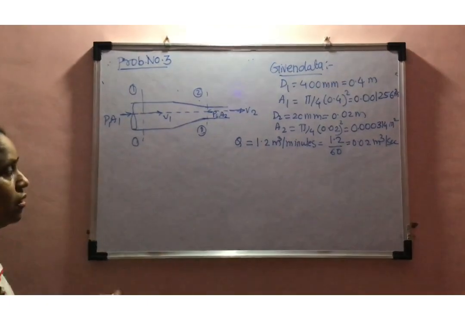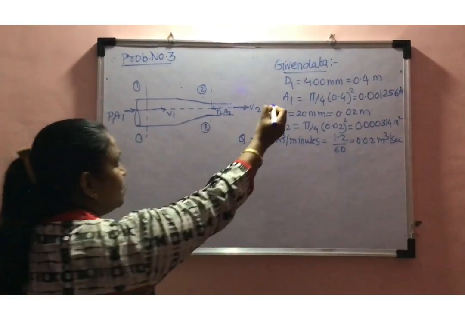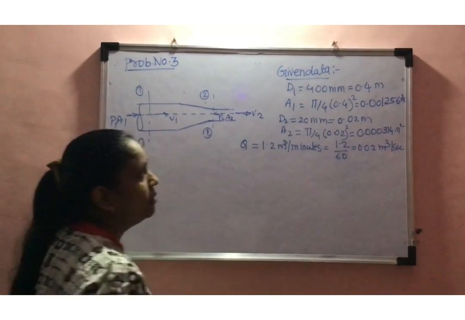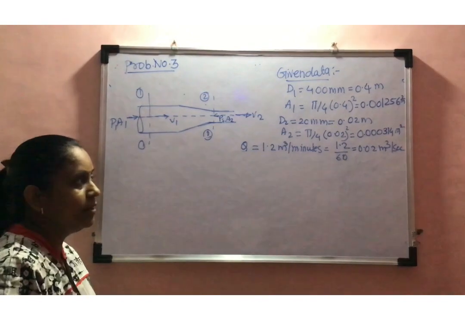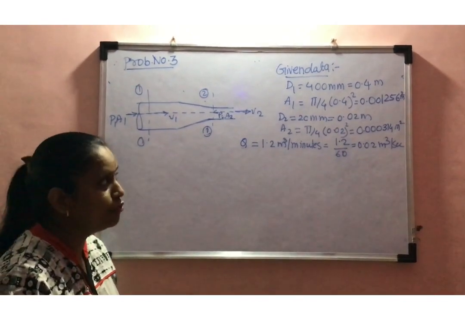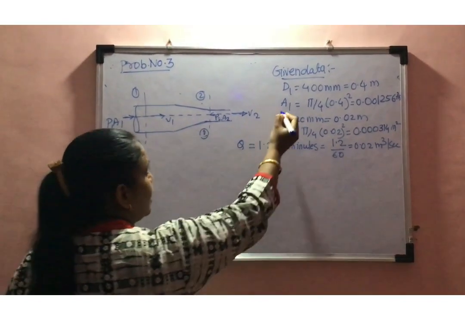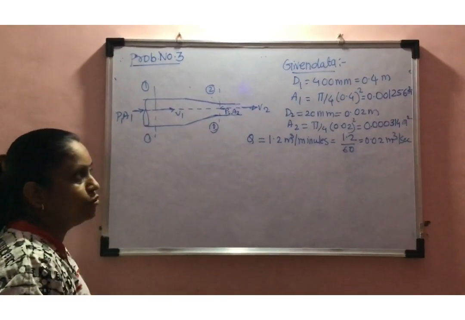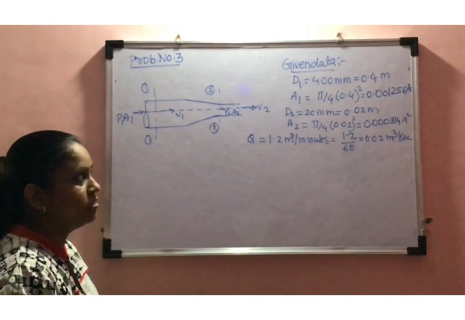In this problem the diameter of the pipe is given as 400 millimeter. After converting it becomes 0.4 meter. Then the area will be 0.001256 meters square.